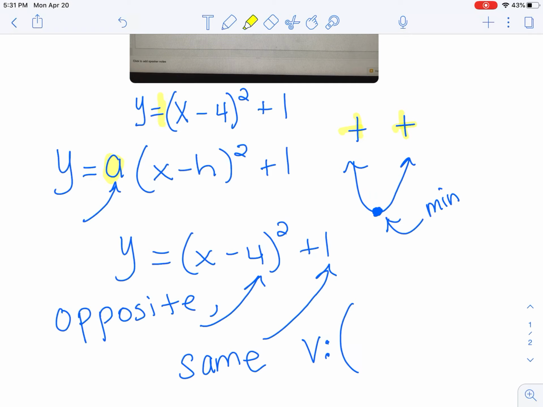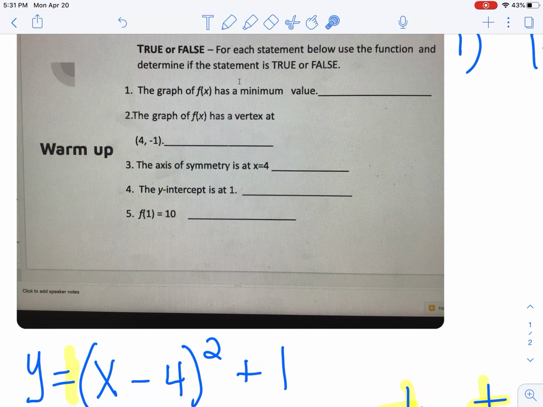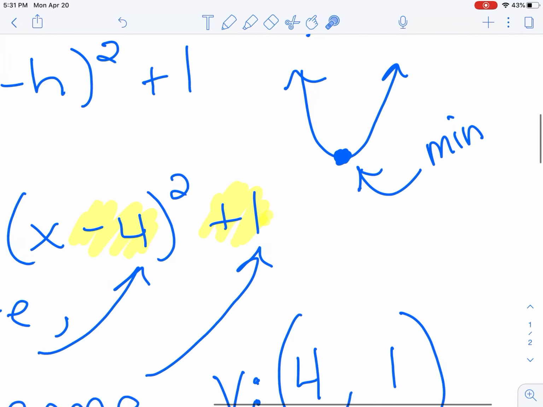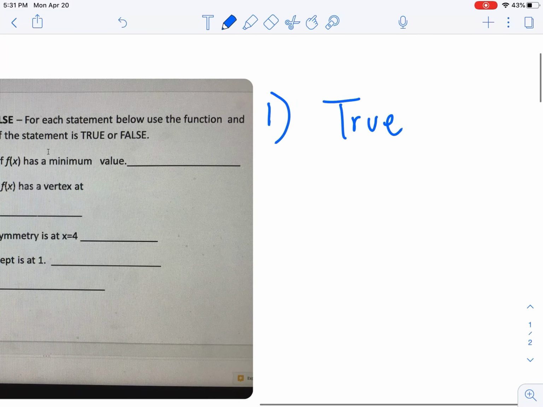So our vertex is at the opposite of -4, which is +4, and 1 stays the same. So our vertex is at (4, 1), and this says -1, and it's supposed to be +1, so therefore we're going to say this is false.